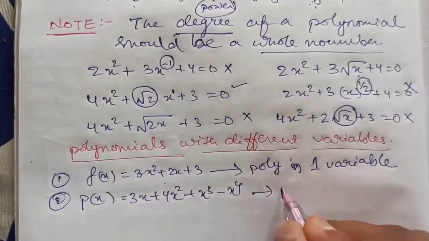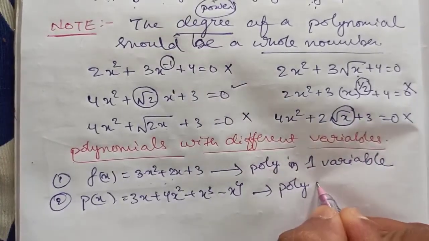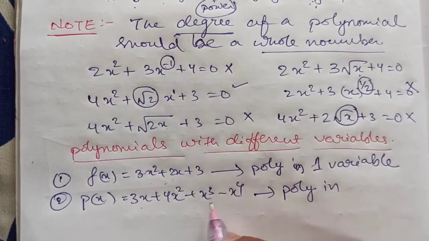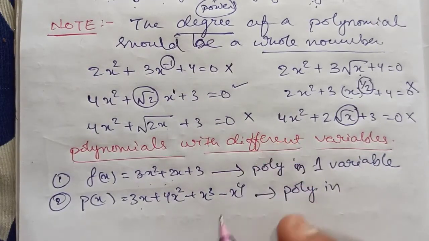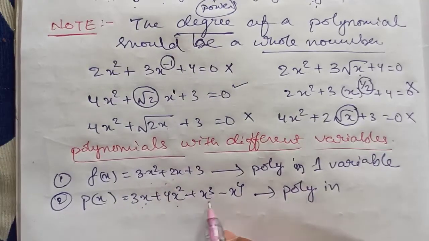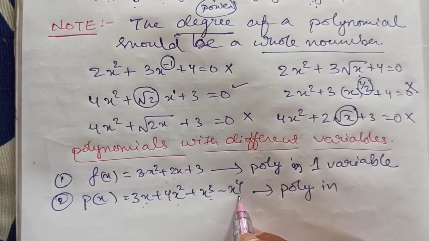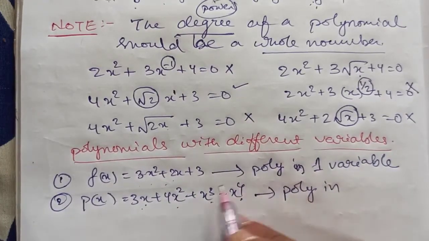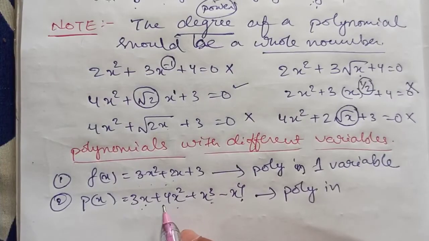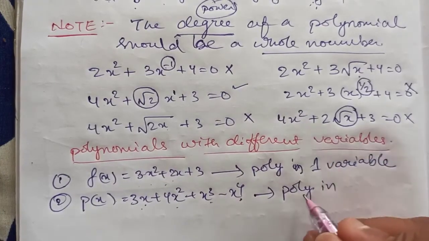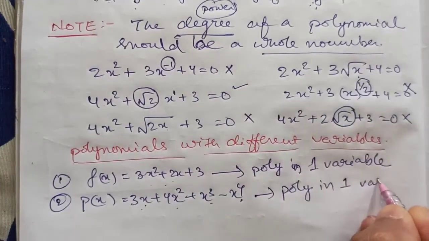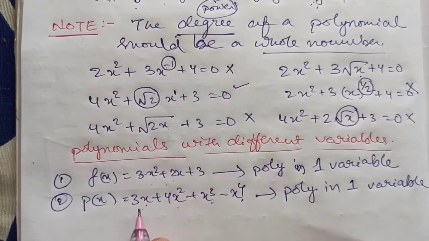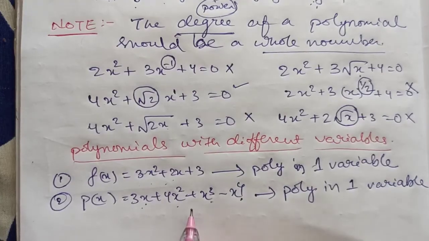This polynomial is in how many variables? 4 variables? No. This polynomial is again in one variable, because only the same variable is written 4 times. If the variables are different, then we can say 2 variables or 3 variables. If the same alphabet is written 100 times, you still write polynomial in one variable. Just see whether the alphabet is the same or different.